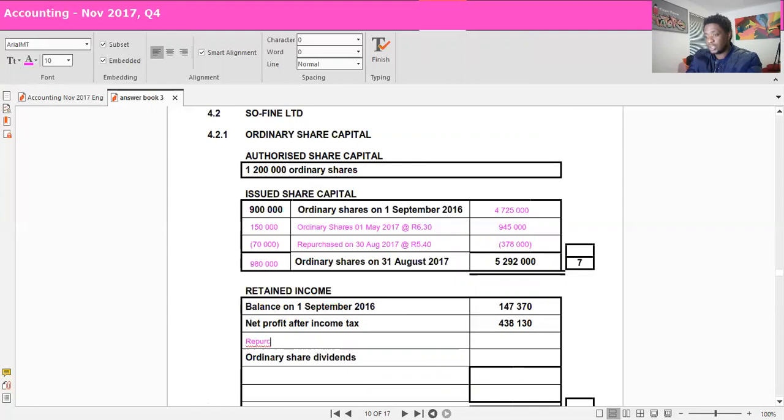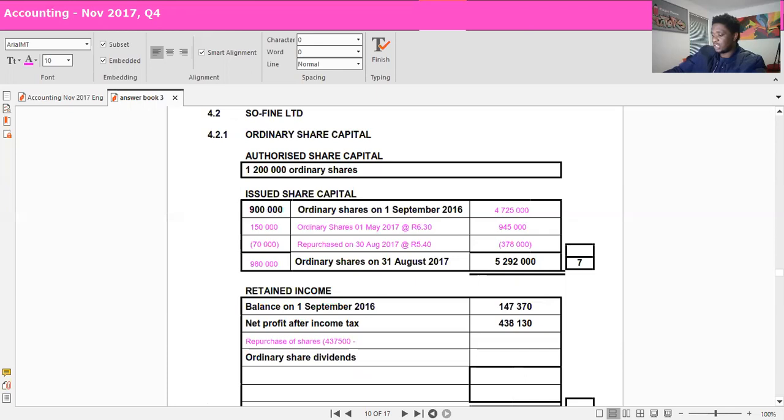So the repurchase of shares, the shares were acquired. So they bought back the shares for 437,500.